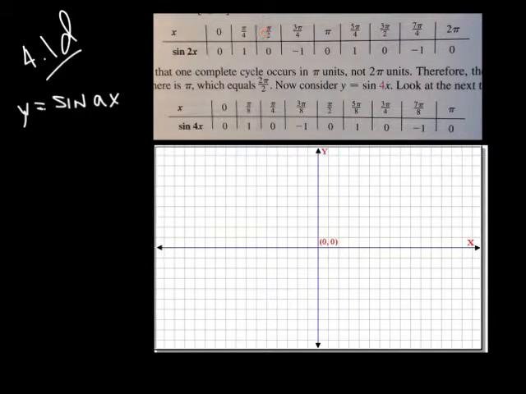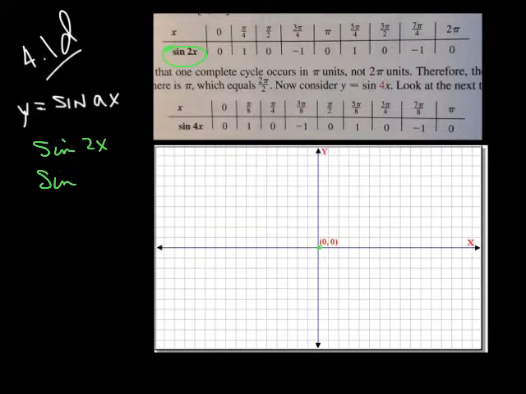Our x value is where our number is going to be along the x-axis. So we're starting here at 0. Let me get some color in here. So we're going to take that 0 and say the sine of 2x, and let's see if we can graph the sine of 2x.